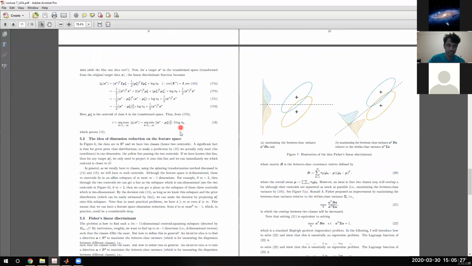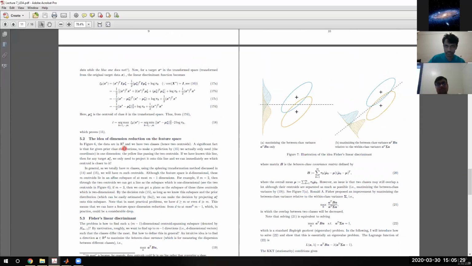And in general, suppose we have m classes. From these m classes, we can get a spanning subspace by these m centroids, which gets a rank of at most m-1, or m-1 dimensions.